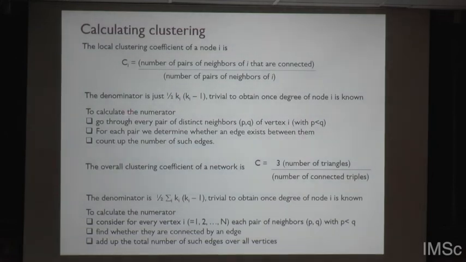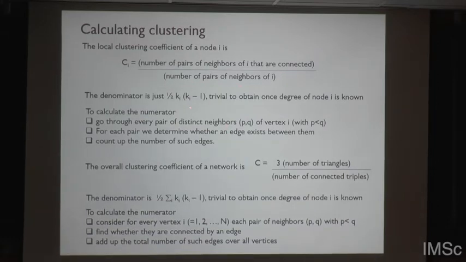Okay. So again, just from the definition itself, it's very easy to figure out how to algorithmically calculate it. So you go through every pair of distinct neighbors of the vertex, and for each pair you ask, are they connected with an edge or not? So you count all such pairs which are connected with an edge, so that gives you the numerator, and the denominator is simply trivial to obtain if you already know the degree ki of the node i.